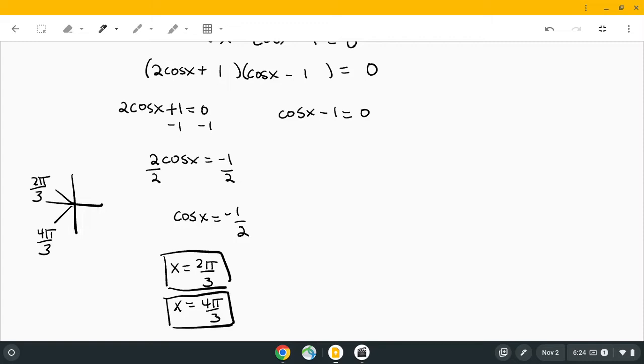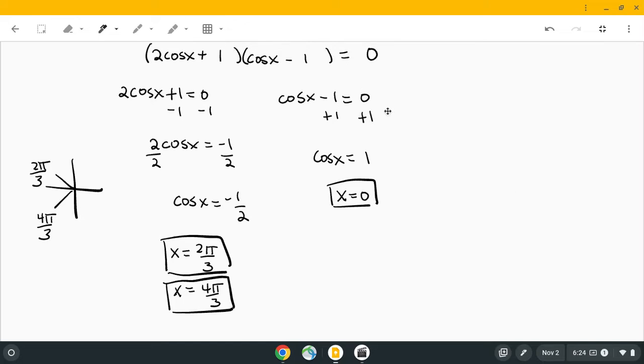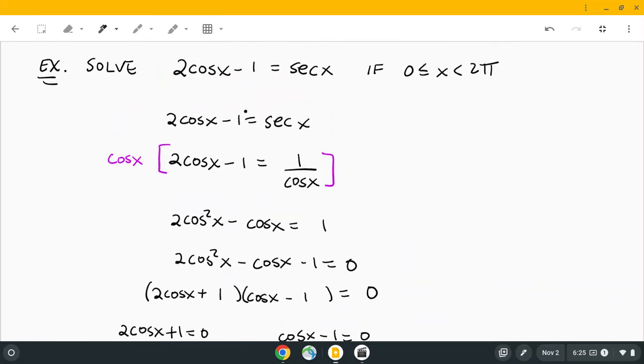Okay. Let's go ahead and solve the other factor. So add 1 to both sides. We get cosine x equals 1. And that happens at 0. X equals 0. Okay. That's one of the ones that we have memorized. Okay, very good. All right, so this is one example where this is what we start with.